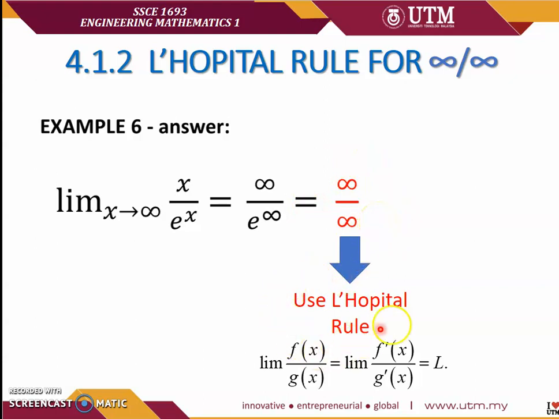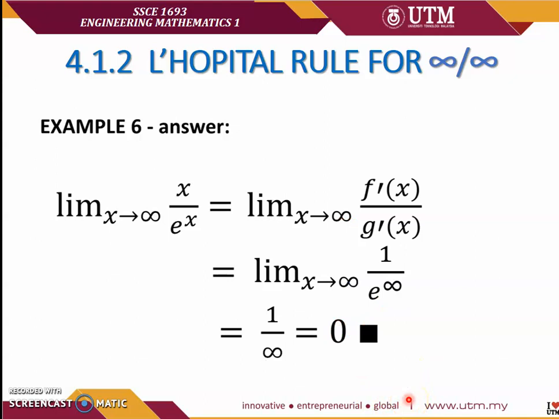We need to apply L'Hopital rule, which is we need to find the differentiation of f and also the differentiation of g. So what is the differentiation for x and what is the differentiation for e^x? The differentiation of x is equal to 1 and the differentiation of e^x is e^x.